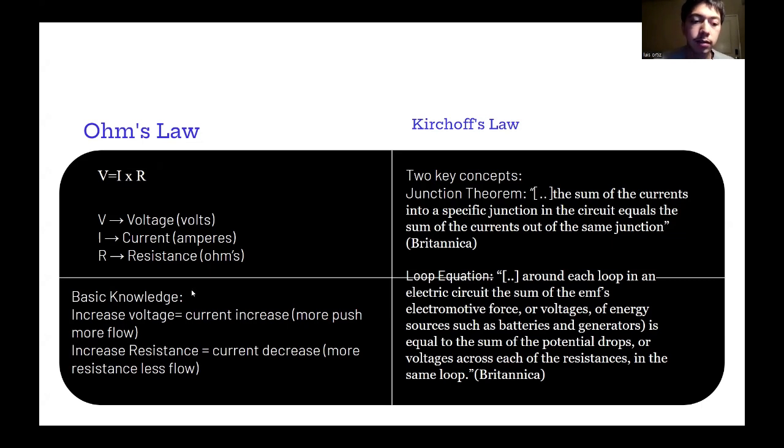Some basic knowledge to know is that as you increase the voltage, your current increases, meaning more push is more flow. And if you increase the resistors, your current decreases, which means more resistance and less flow.